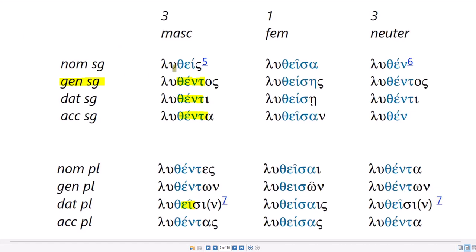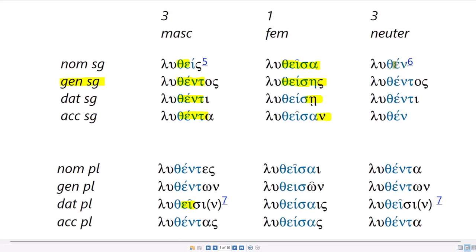So for the nominative, we still have the the as our tense formative, but the nu tau drops out and then the epsilon lengthens to epsilon iota, so we get luthe is. That's just one that you need to memorize. For the feminines, the comes up against the isa. That actually looks pretty normal, thesa. And then we have the first declension endings here.